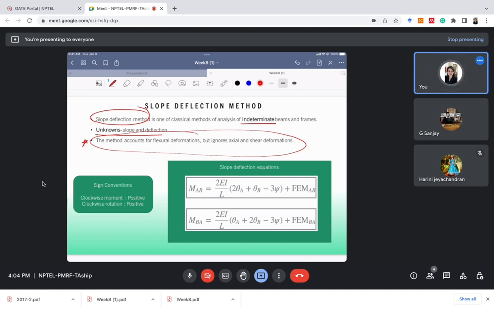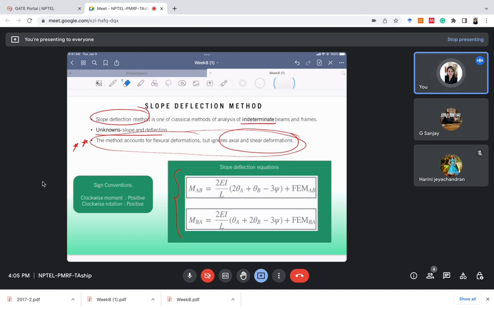While deriving these equations, we assume that there are only flexural deformations. Why only flexural deformations? Because axial and shear deformations are very small as compared to the flexural deformations. This point can be very important for MCQs.